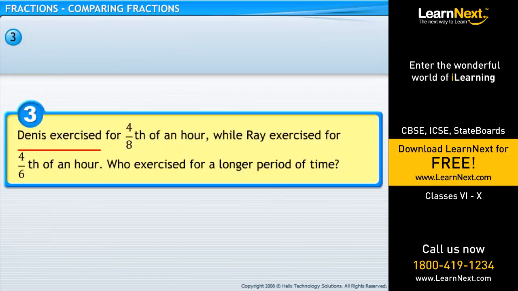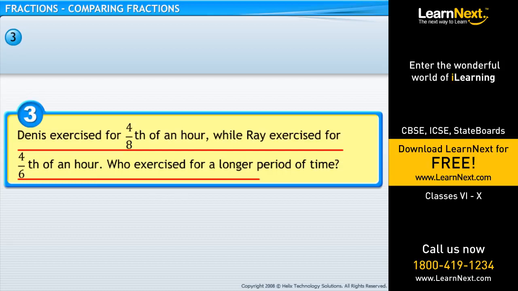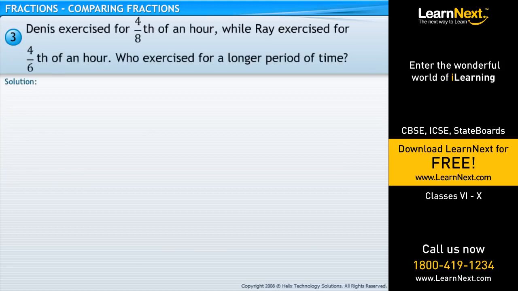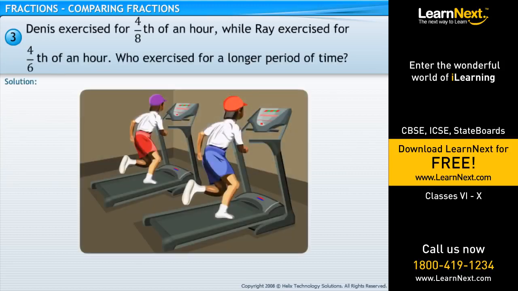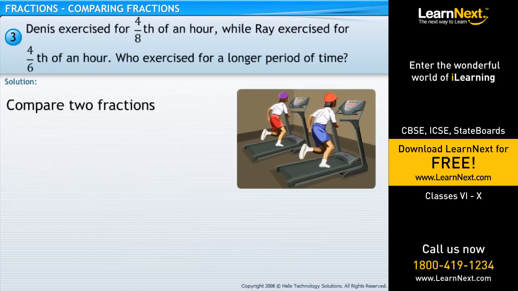Dennis exercised for 4/8 of an hour, while Ray exercised for 4/6 of an hour. Who exercised for a longer period of time? We need to compare the two fractions 4 upon 8 and 4 upon 6 to find who exercised for a longer duration.